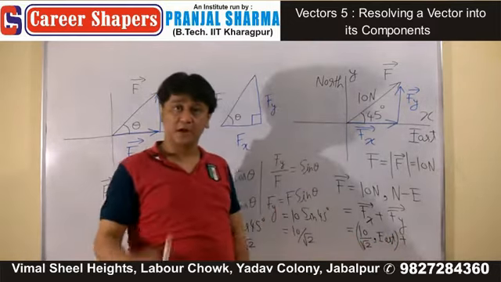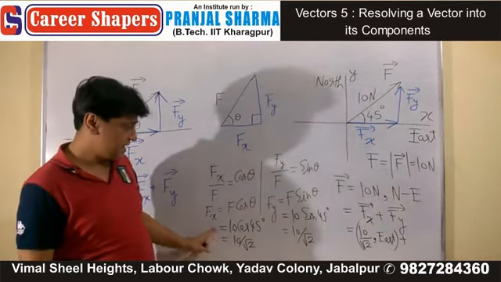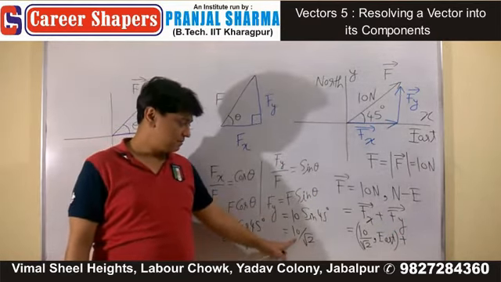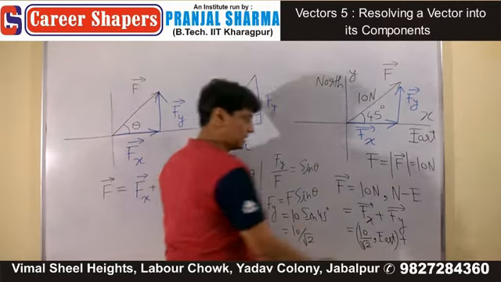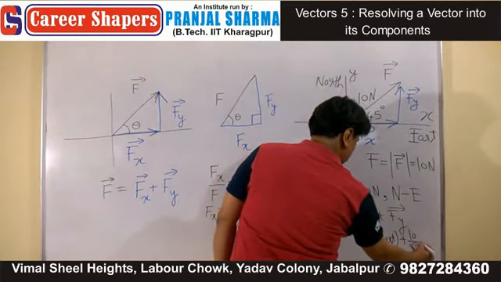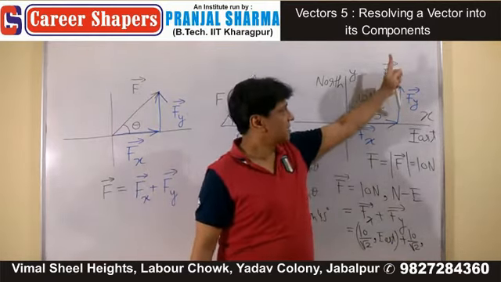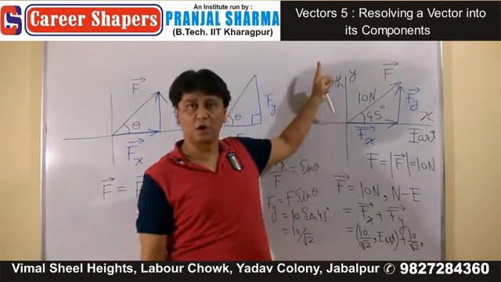Plus what is Fy? Its magnitude is what? 10 by root 2. And what is the direction of Fy? North.